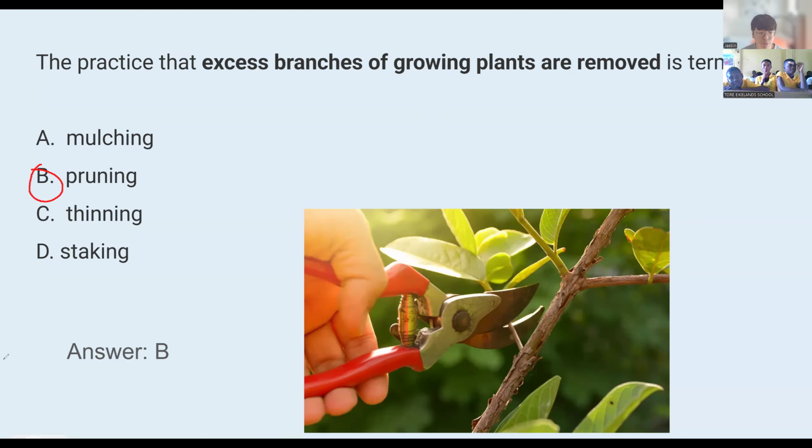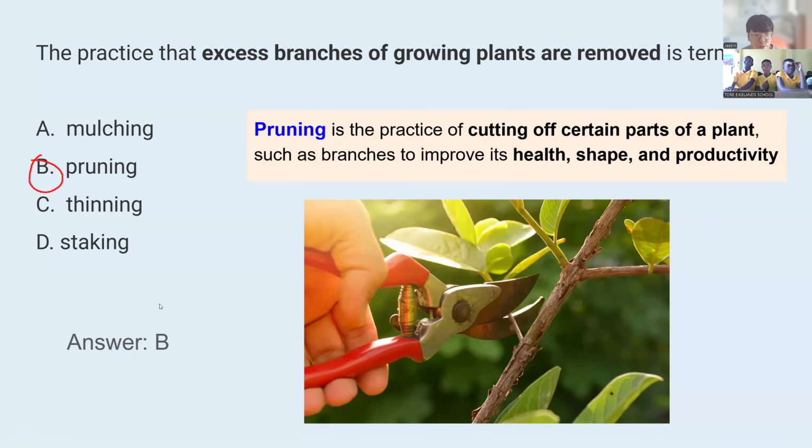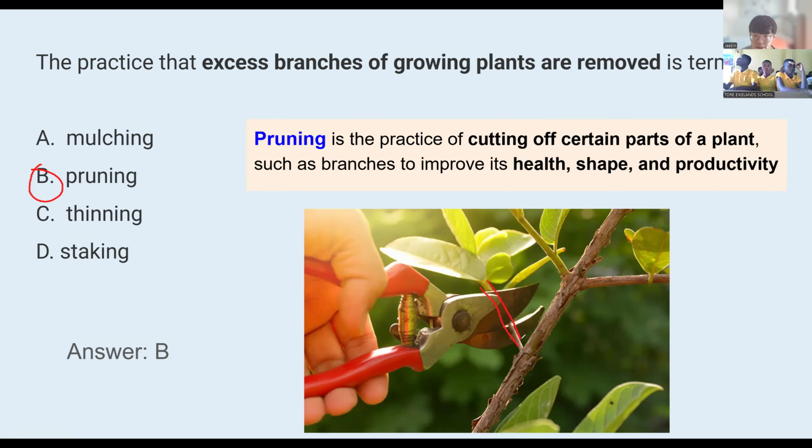It's called pruning. Pruning is the practice of cutting off, as you can see in this picture, this person cutting off an excess branch, and that helps to improve the plant's health, shape, and productivity.